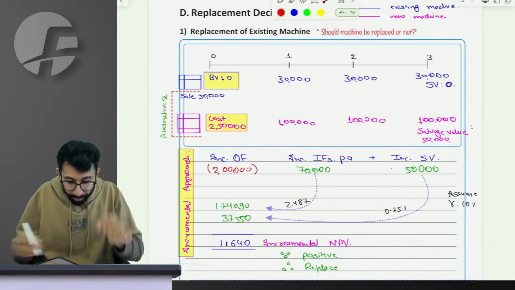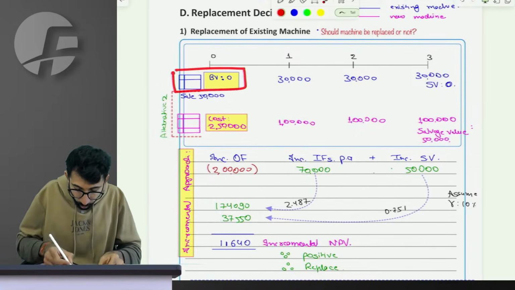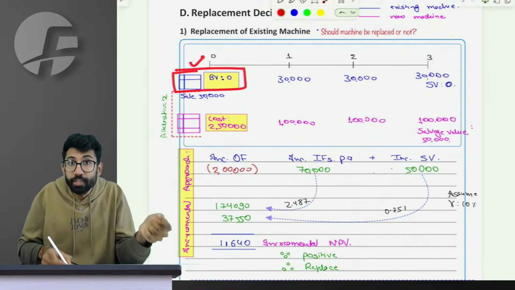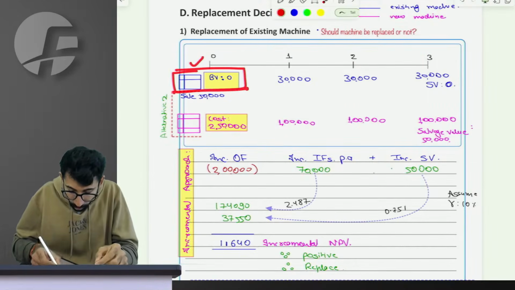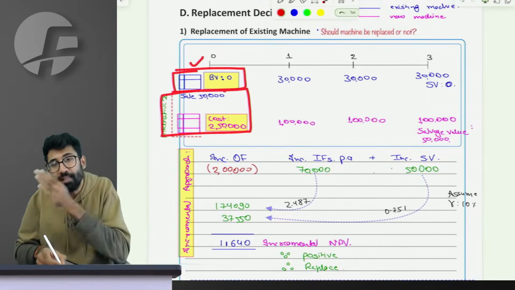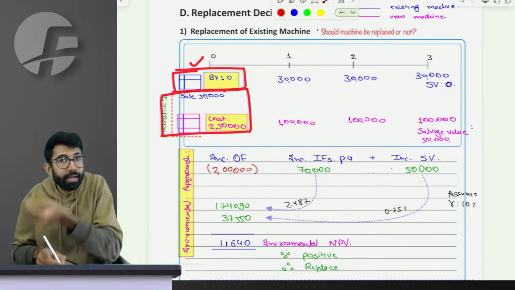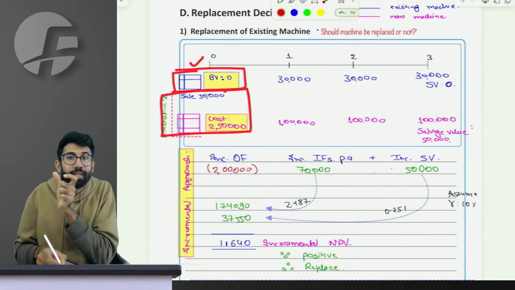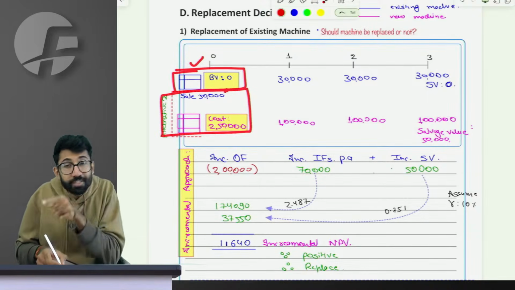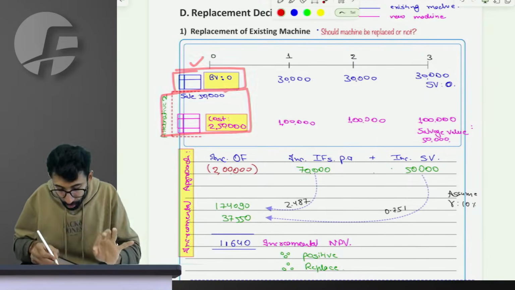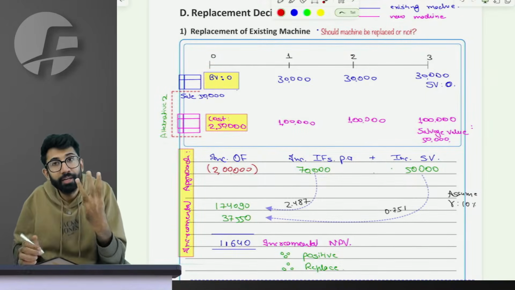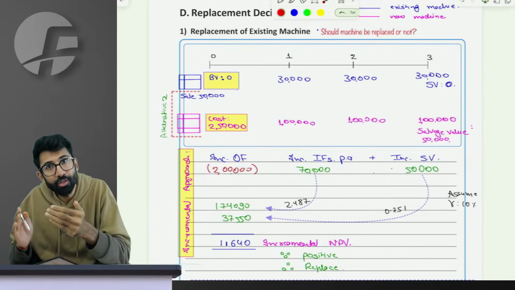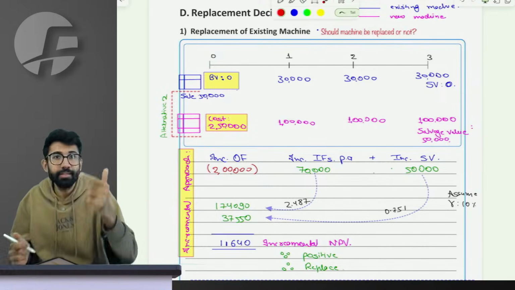Then you have to calculate as compared to alternative 1, which is use the old machine. If I take alternative 2, which means sell the old and buy the new, as compared to alternative 1, how much is the incremental initial outflow? I have to calculate incremental in three parts: initial, every year, annual, and then terminal.